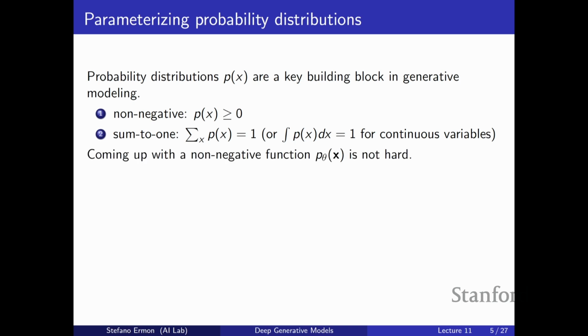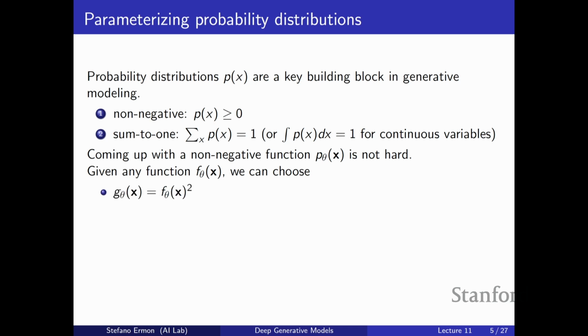And so again, if you think about the first constraint, it's not a very hard property to satisfy. It's not hard to come up with a very broad family of functions that are guaranteed to be non-negative given any input. In fact, if you take an arbitrary function, let's say an arbitrary neural network, it's pretty trivial to change it a little bit and make sure that the output is guaranteed to be non-negative.